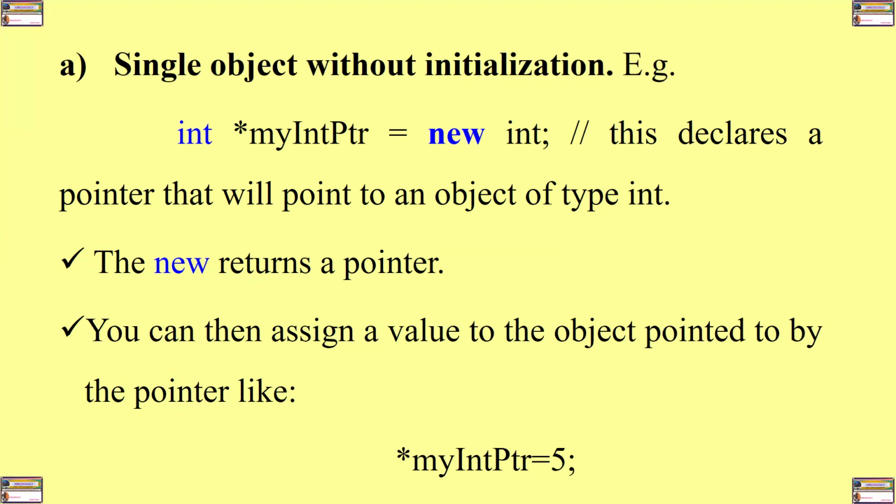So in this case, we are assigning value 5 to the object being pointed to by the pointer.